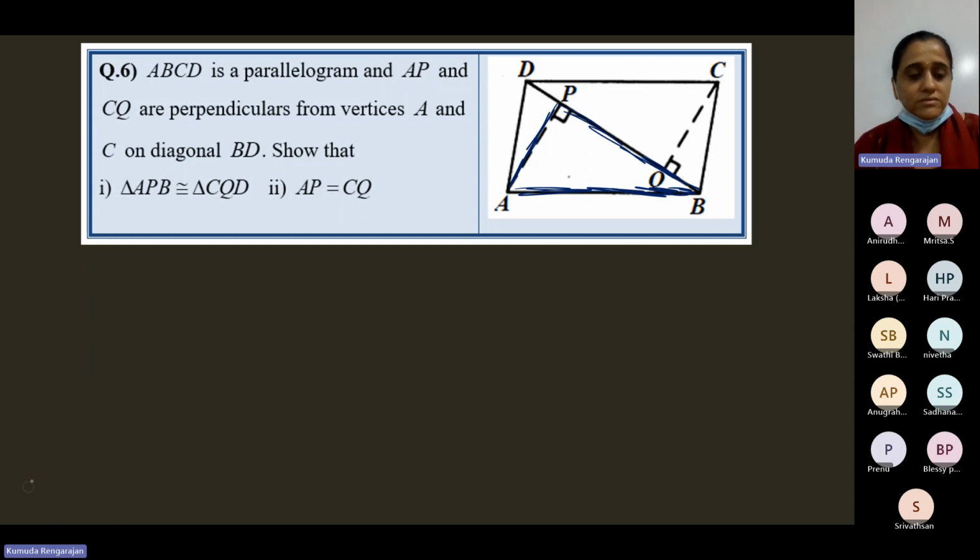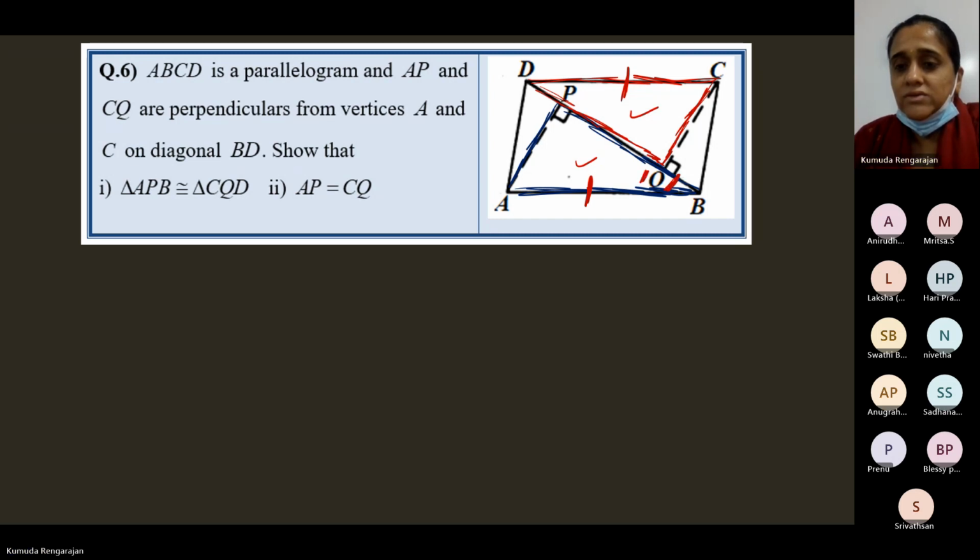The other triangle is this. In this triangle, this side is equal to this side in the other triangle, because opposite sides of parallelogram ABCD are equal. Then this angle, let's call it angle 1, of this triangle is equal to this angle, we'll call it angle 2, of the second triangle. Alternate interior angles are equal.